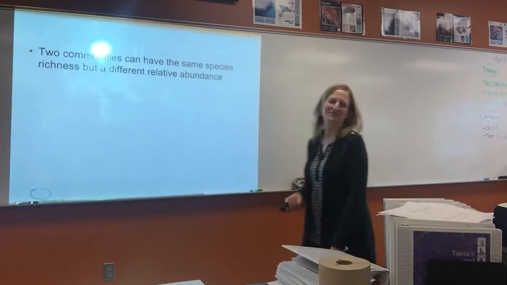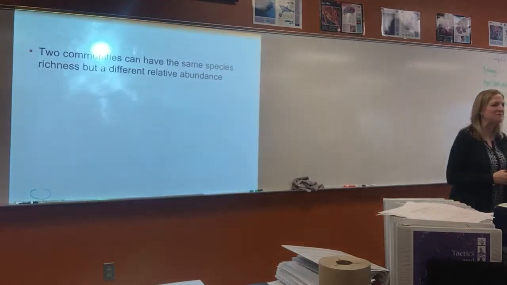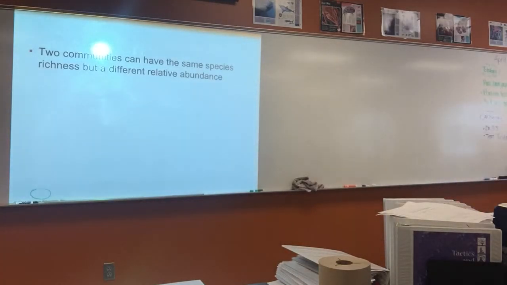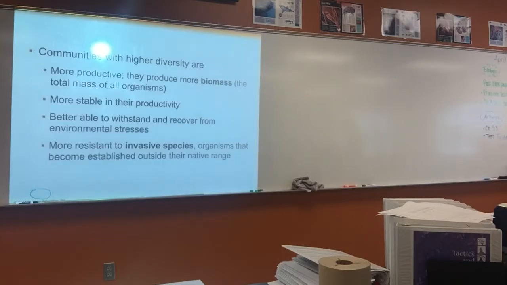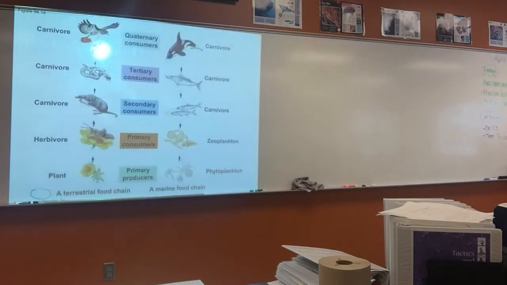Knock yourself out. All right, so you're following me? Yeah, I forgot about that, sorry. You are underneath diversity and stability, where the communities is, that first bullet underneath there. All right, you cross off. All right, so here we are with the food chain.